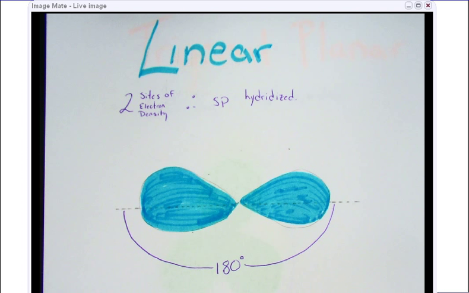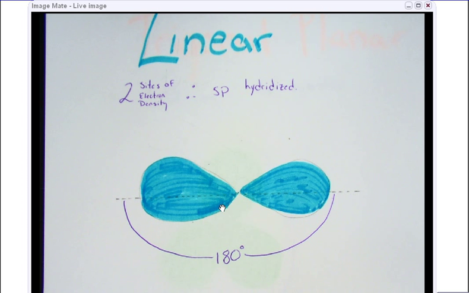So if I have something that has one sigma bond and one lone pair, that's two sites of electron density. Therefore, I need two letters when I name the hybridization. So two letters would be S and P. You can only have one S, and we'll take one P to do it.